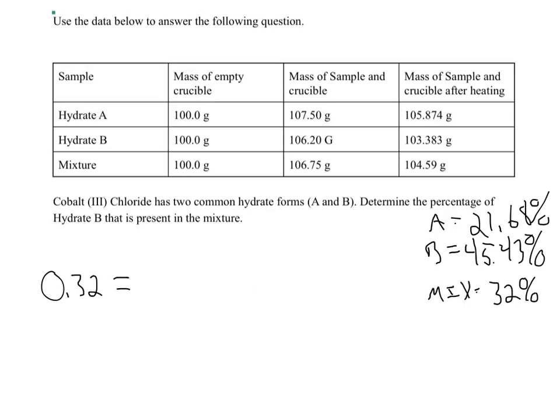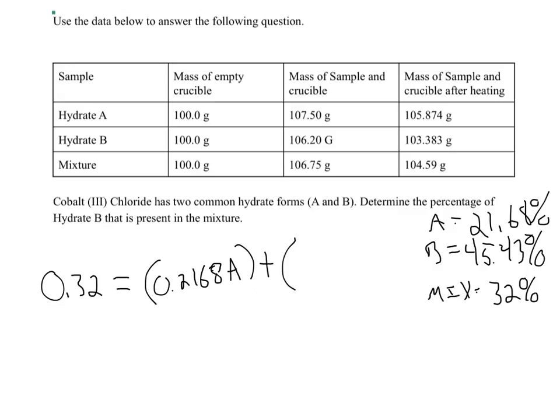That 0.32 is made up of hydrate A, which is 21.68% water, and some percentage of the mixture is made of hydrate A. So I'm going to call that X. Actually, let's call it A. Okay, times A.